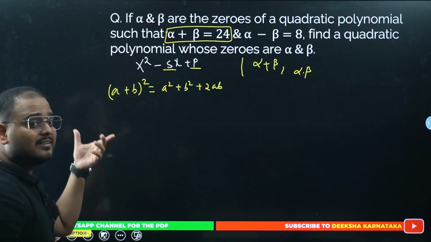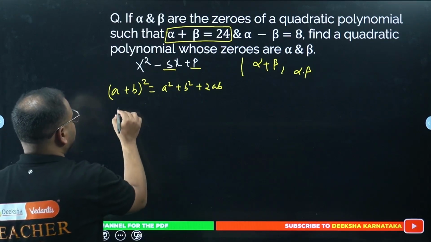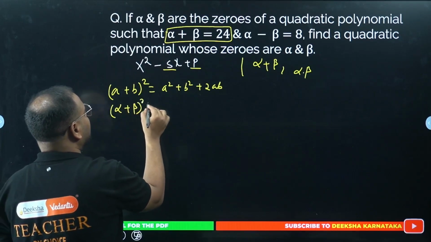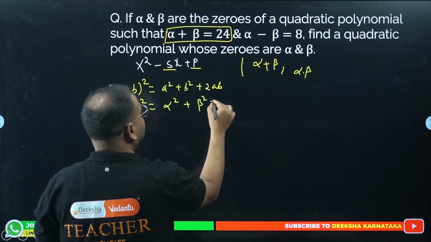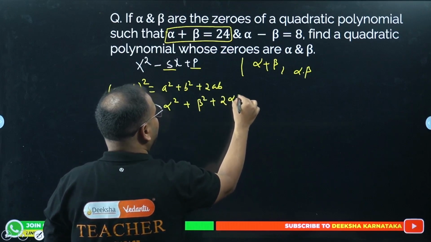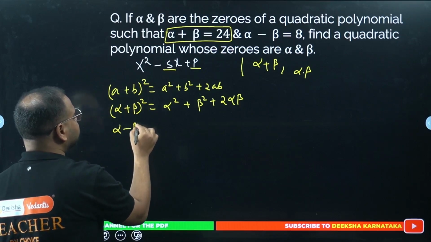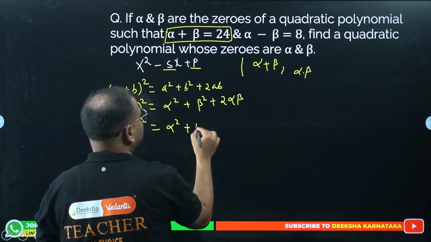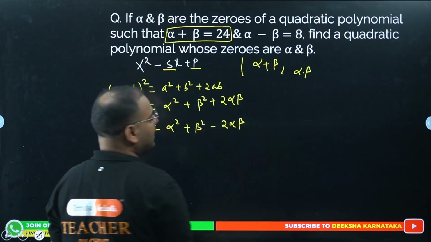Now I will write directly in the form of alpha and beta. So (alpha plus beta) whole square will be alpha square plus beta square plus 2 alpha beta. What about (alpha minus beta) whole square? Alpha square plus beta square minus 2 alpha beta.